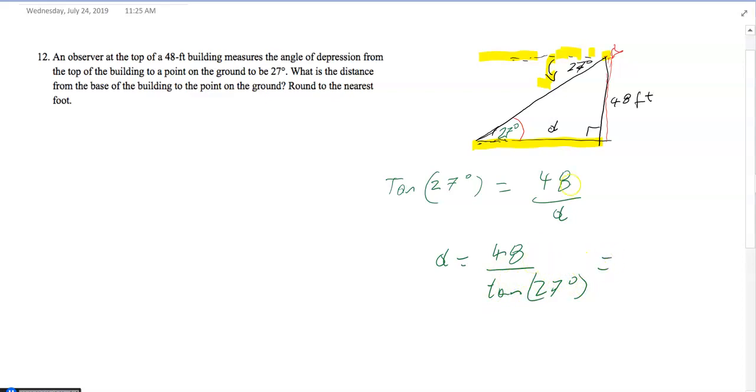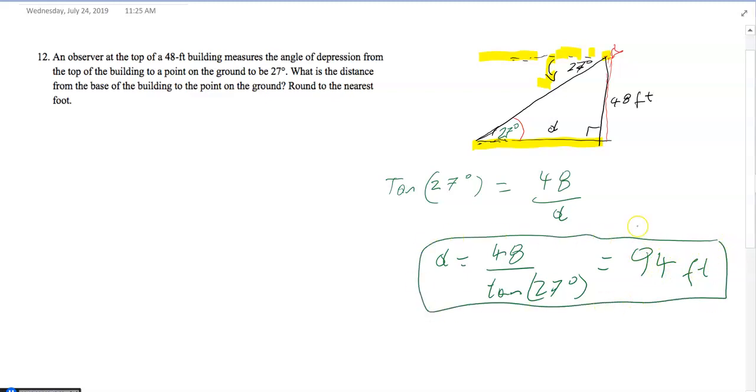And that should give you, to the nearest foot, 94 feet. That is your answer.